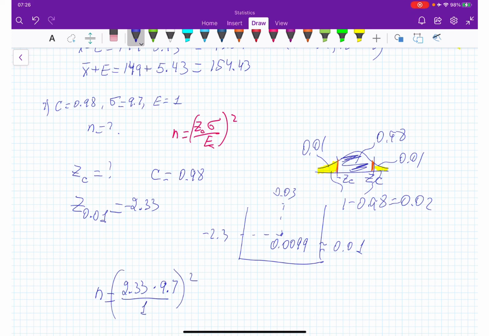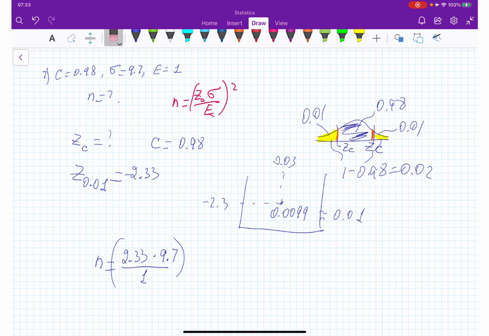So practically we are going to take 2.33 times 9.7, that is equal to 22.6, squared.